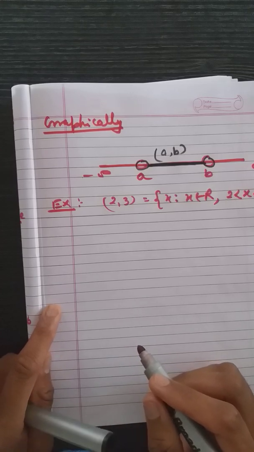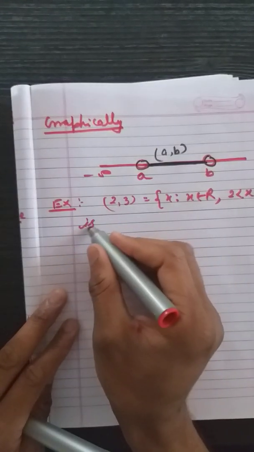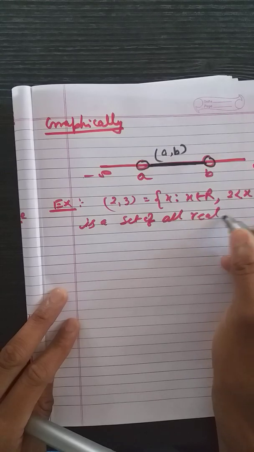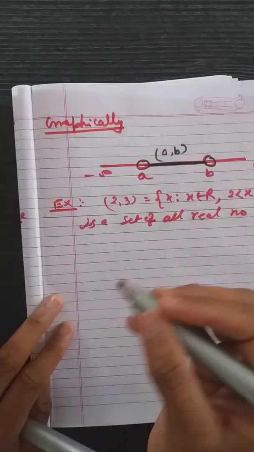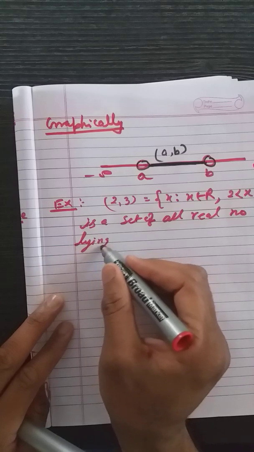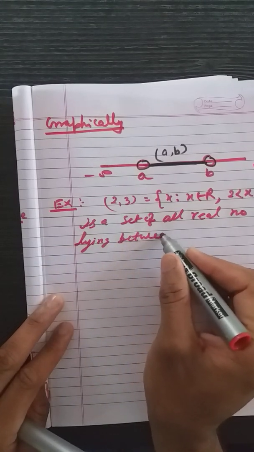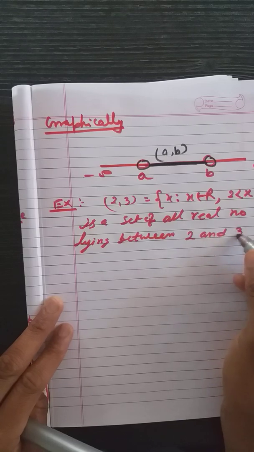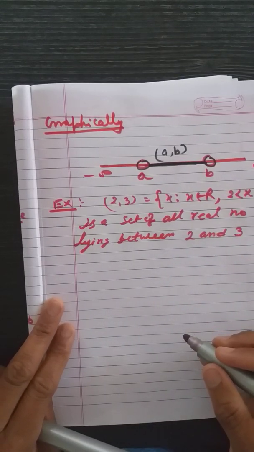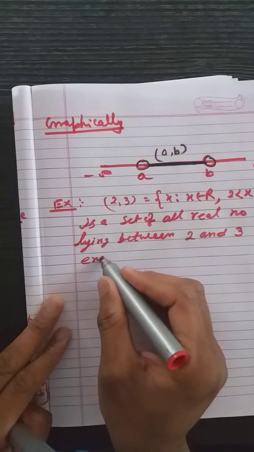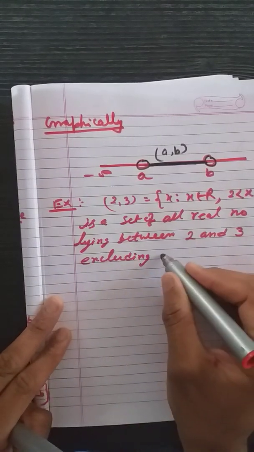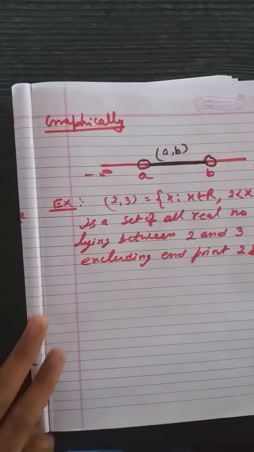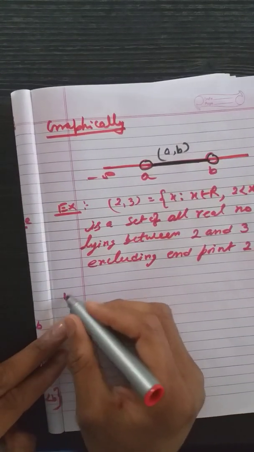It is a set of all real numbers lying between 2 and 3, excluding the endpoints 2 and 3.